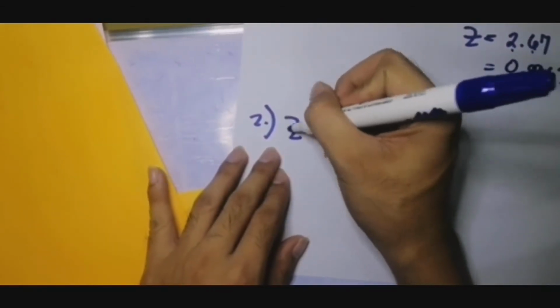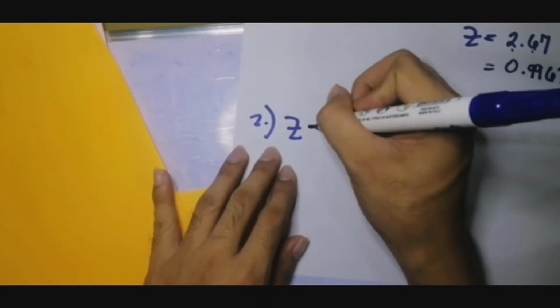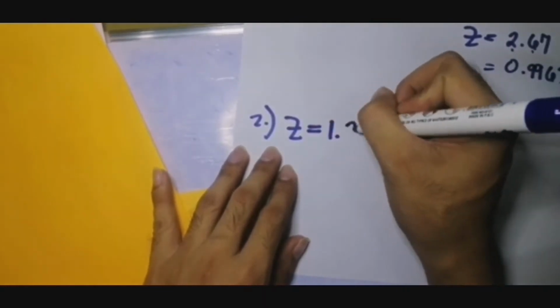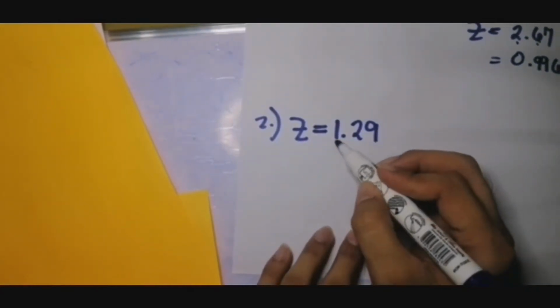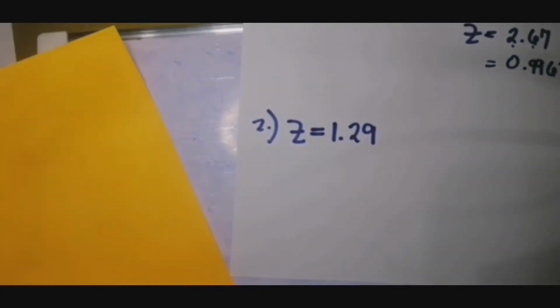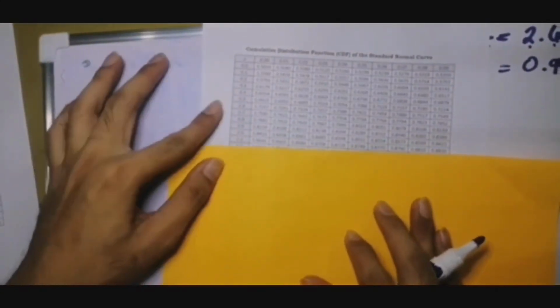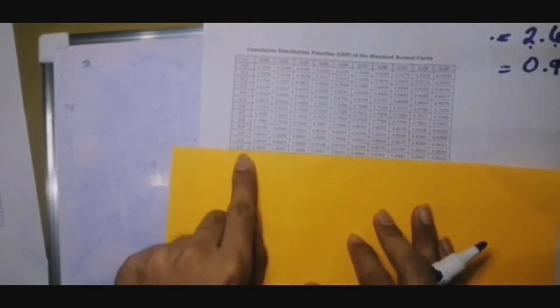So, another example tahay, number 2. Find the area that corresponds to Z equals 1.29. So, unahon nato pangita ang 1.2. Then, ang sunod, pangitao na ang last digit which is 9.